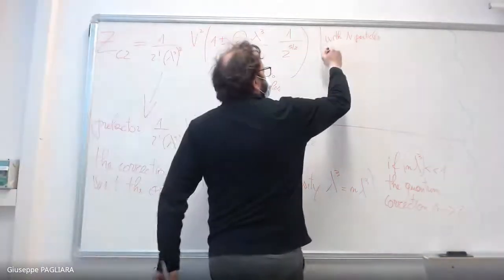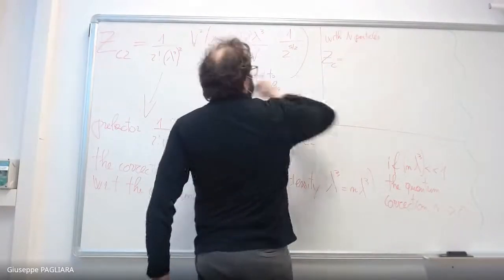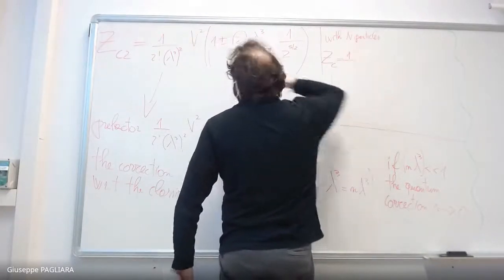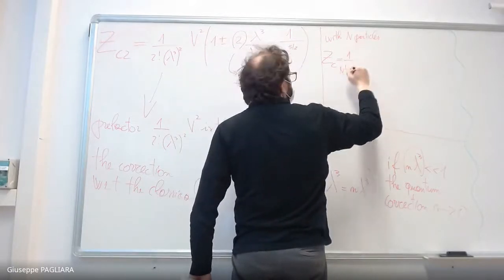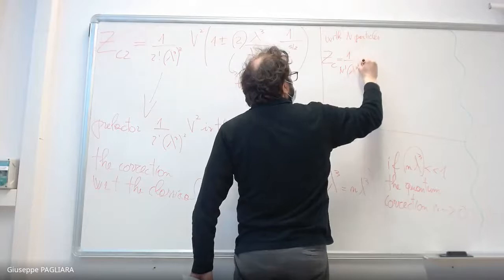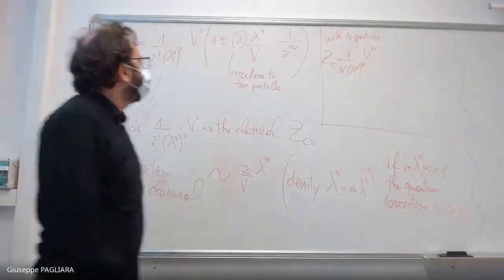And indeed, for n particles, the canonical partition function would have the usual prefactor, V to the power of n, which is the classical one.